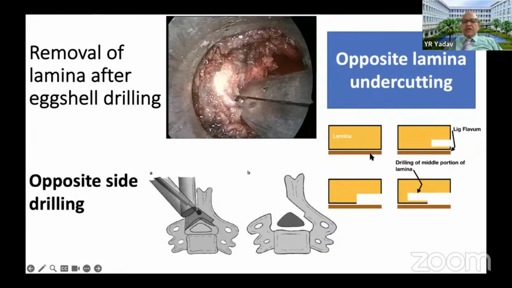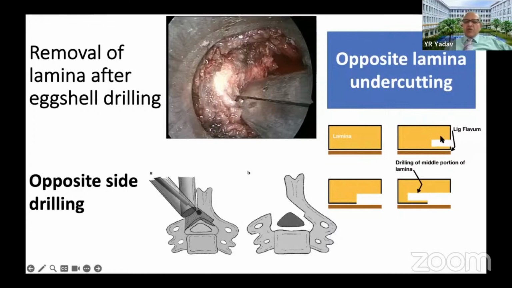So what I do is I leave a very thin piece of inner lamina intact. I drill this portion which is near the inner portion of the lamina.